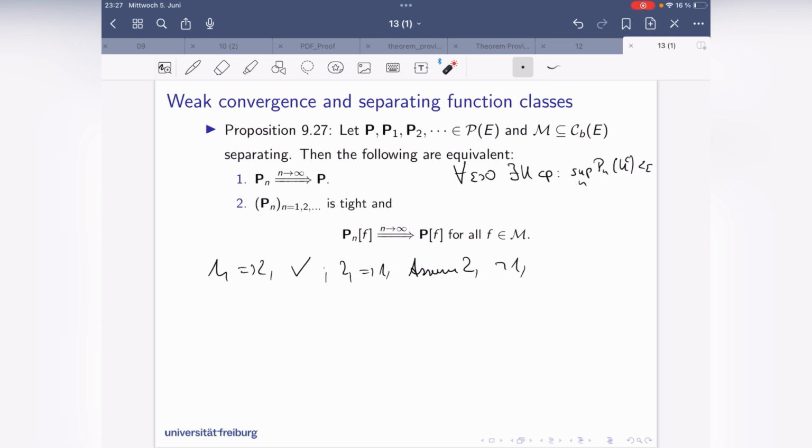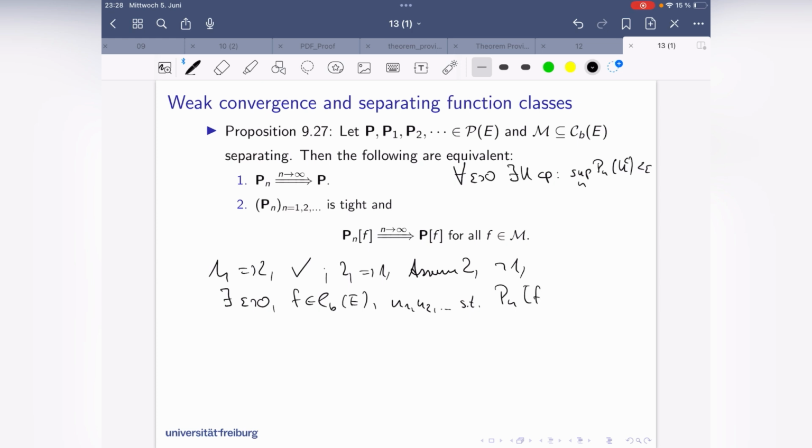Since 1 does not hold, there is some epsilon and some continuous bounded f and some sequence n1, n2, and so on, such that the absolute value of Pnk f minus P f is bigger than epsilon.